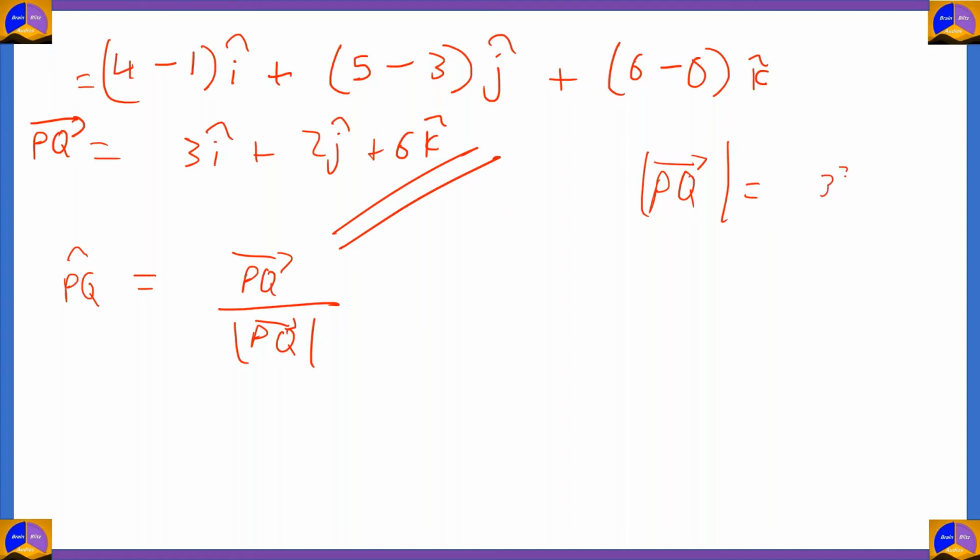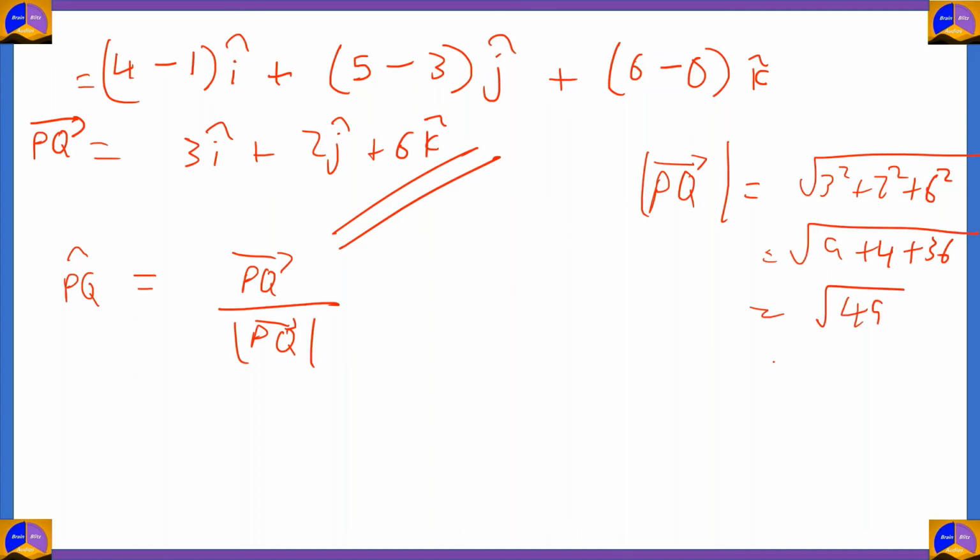So that is the root of 3 squared plus 2 squared plus 6 squared, which is the root of 9 plus 4 plus 36. That is the root of 49 on adding. So then you'll get 7 as the magnitude of vector PQ. So PQ is 3i plus 2j plus 6k, and then the whole divided by 7.